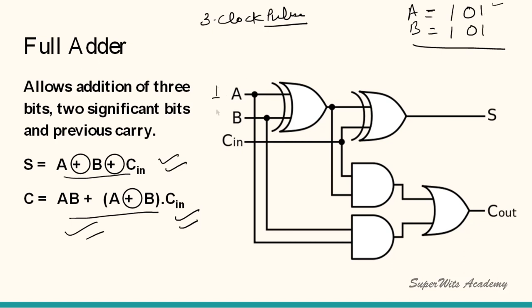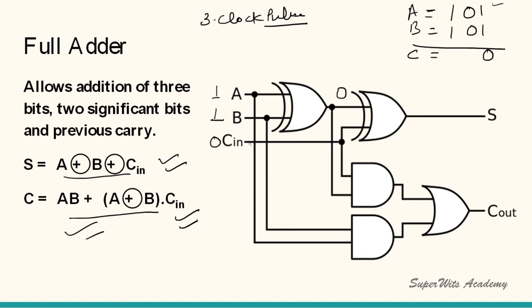We give 1 and 1, and the carry I will be doing side by side. Right now the carry is 0, no carry from the previous bit, so we have 1, 1, 0. When we do the XOR operation, both inputs are high, so the output will be low.